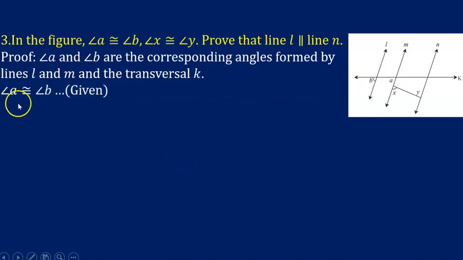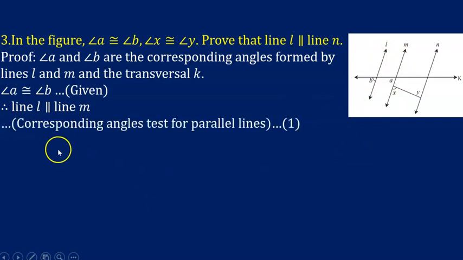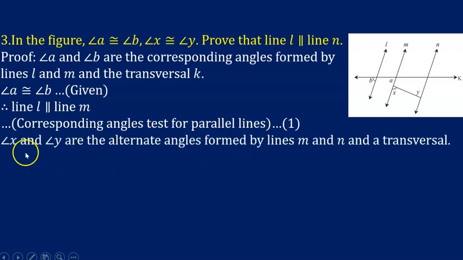Angle A is congruent to angle B, this is given, and therefore line L is parallel to line M by the corresponding angle test for parallel lines. This is the first one. Next, angle X and angle Y are the alternate angles formed by the lines M and N.